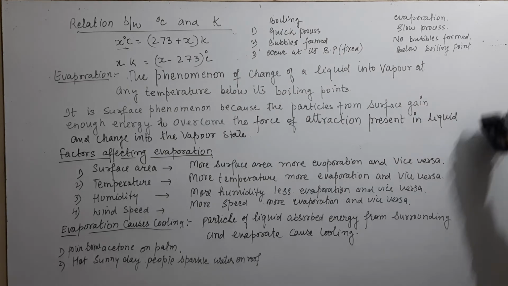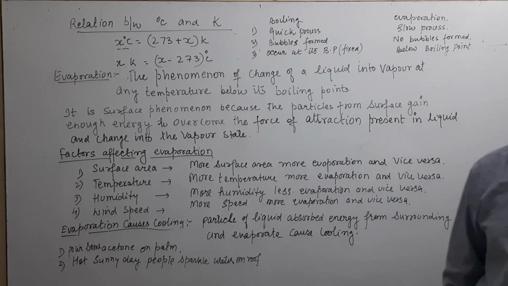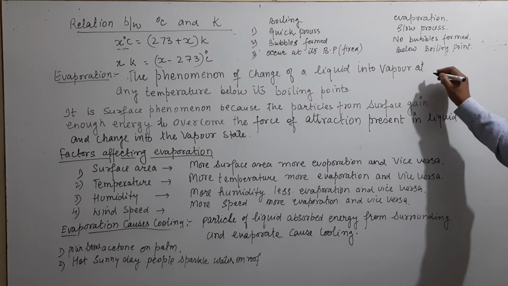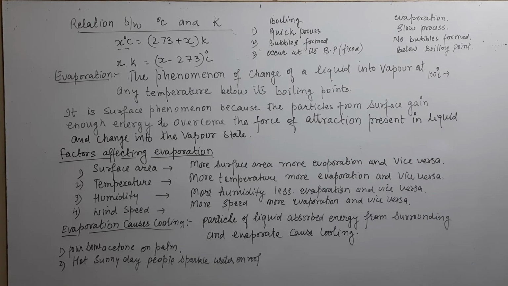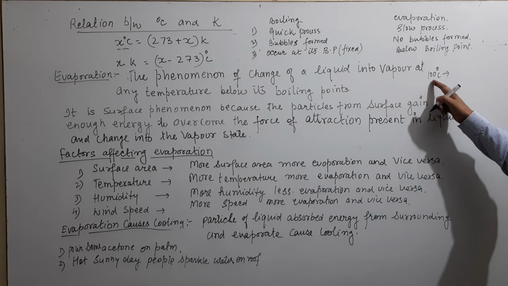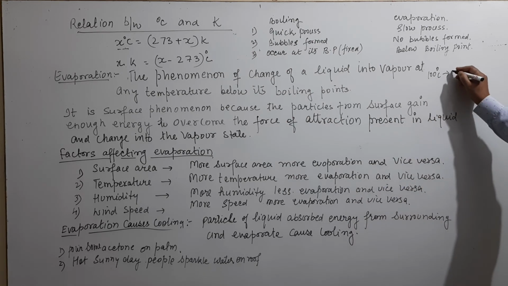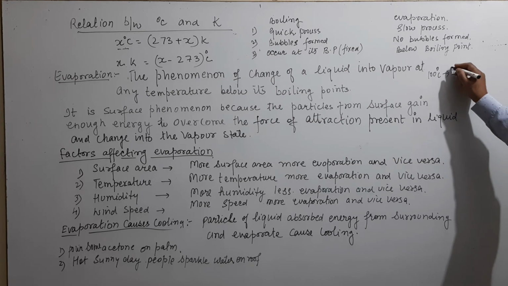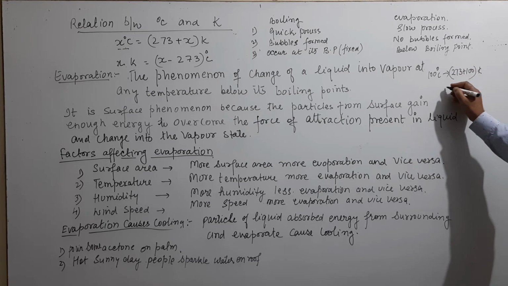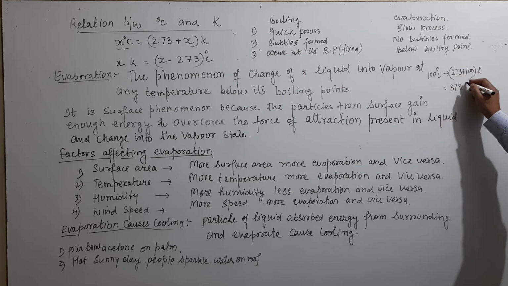And the boiling point of water, what is the boiling point of water? 100 degree Celsius. If one asks you to find it in Kelvin, what do I do? 273 plus 100 Kelvin, that will be 373 Kelvin.